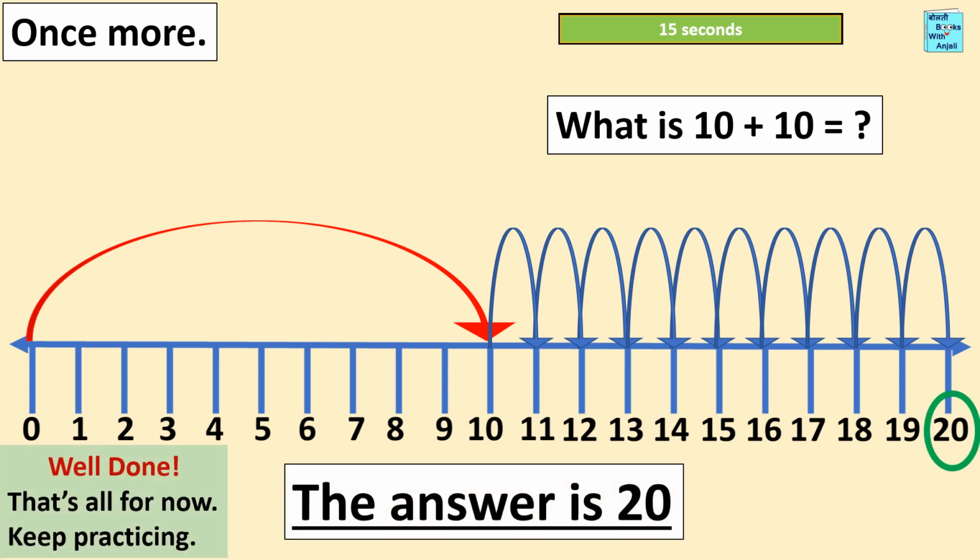The person stands at number 10, jumps 10 times to reach number 20 and the direction is towards right hand side. Stand at 10, jump 10 times, and jump in the right hand side direction.